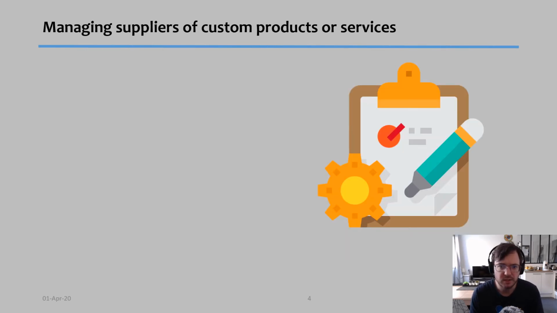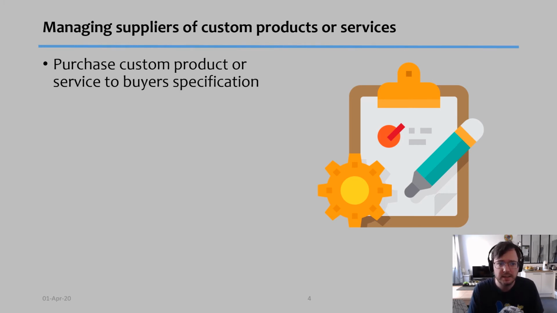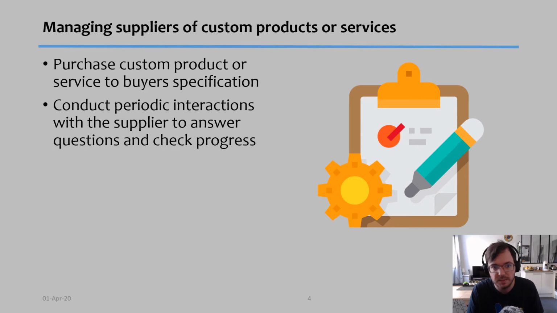Next, managing suppliers of custom products or services. In other words, you deal with a supplier who is creating something very unique for you, something designed from scratch or created according to what you need. You purchase a custom product or service to the buyer's specifications, and you need periodic interactions with the supplier to answer any questions they might have and to make sure their progress is in line with what you need.